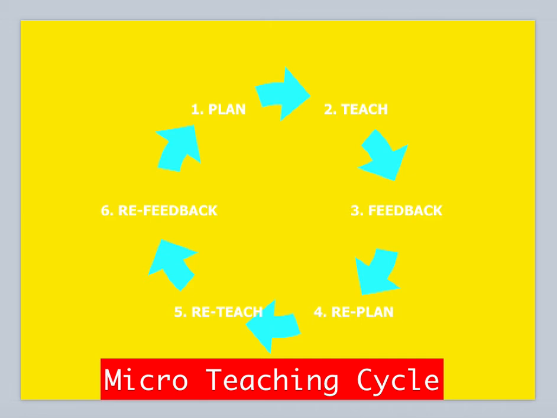Through the reflection of their own teaching styles, teachers focus on certain areas of their teaching for improvement rather than a teaching for shaping behavior. The cycle goes with planning, teaching, feedback analysis, replanning, reteaching, re-feedback, and the process continues just like the plan, do, check, and act. It's a continuous process towards matching the best of the preferences of learning.